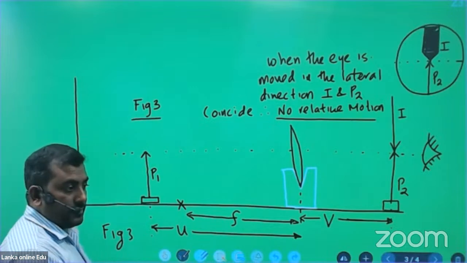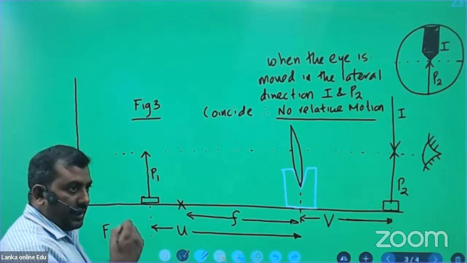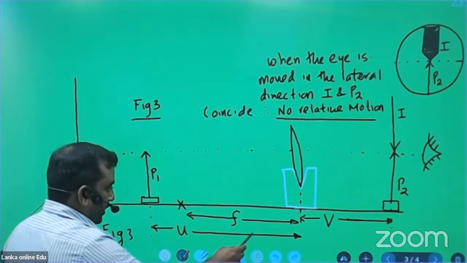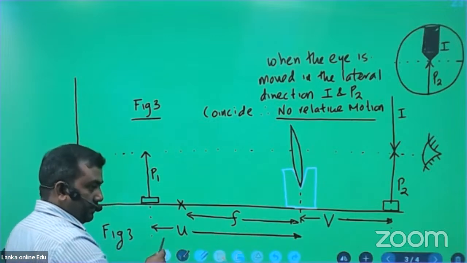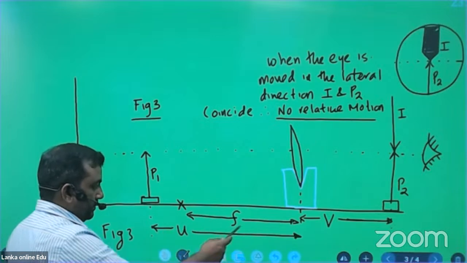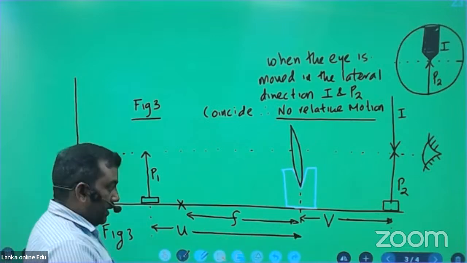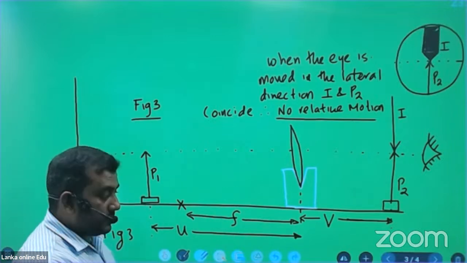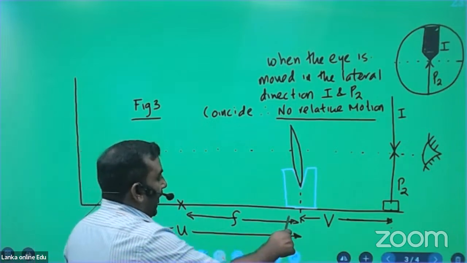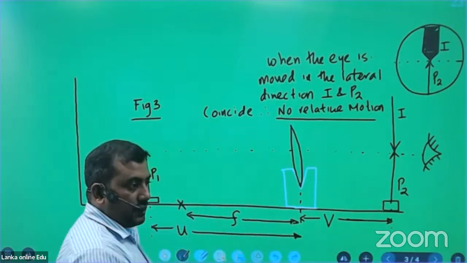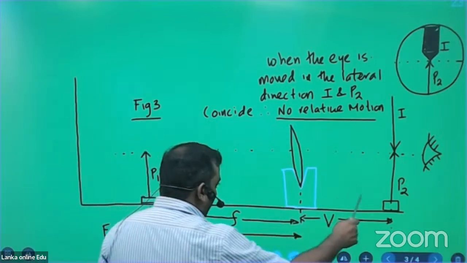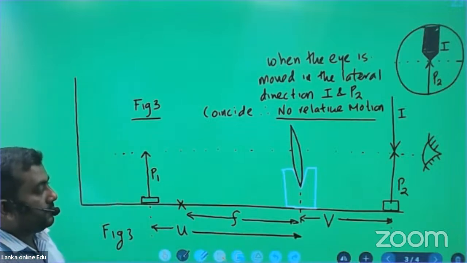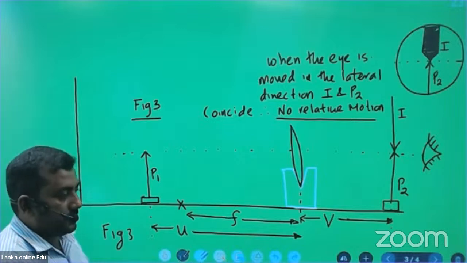Okay, now. Next point, right. Using the meter ruler, we measure the object distance and the image distance. Full stop.